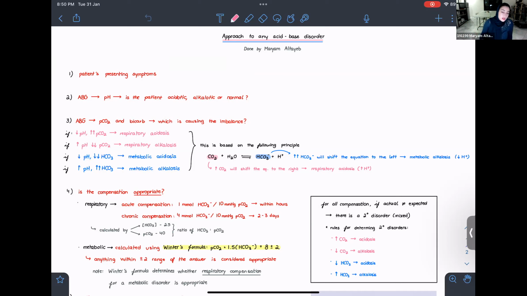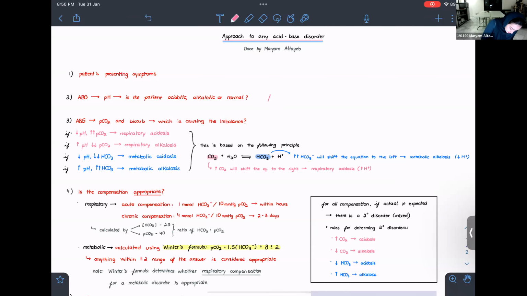So first, we're going to look at the pH because we want to know, is this patient in acidosis, meaning pH less than 7.35, or is this person in alkalosis, meaning pH greater than 7.45? Okay, so I'll write it down so you guys have that in mind.